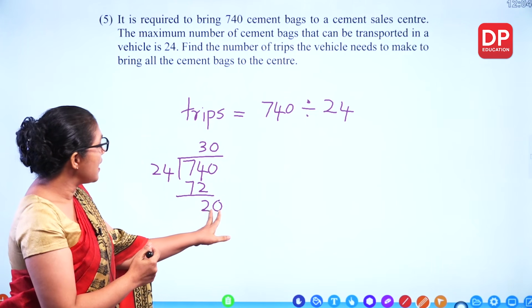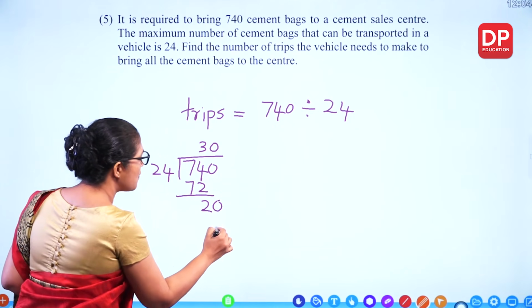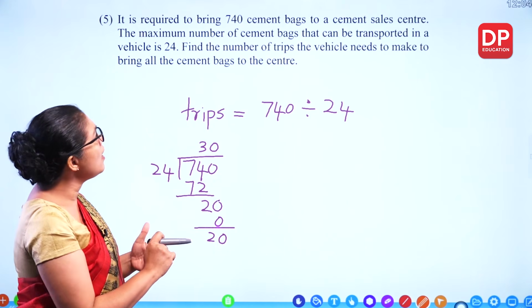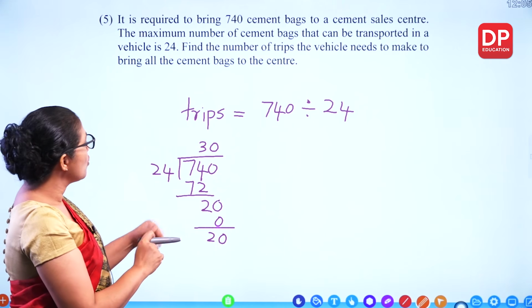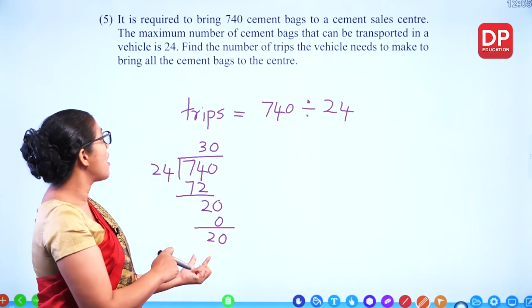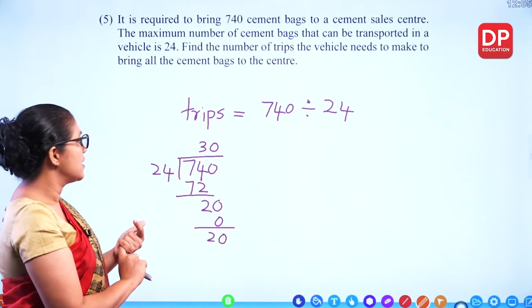There are 20 again remaining. But what happens when you take this one? So you have to transport all cement bags. So 30 here and another extra 20 you need to transport. So 31 trips you need.